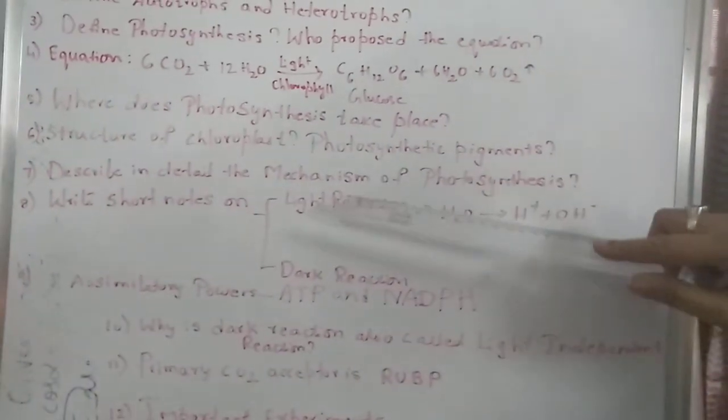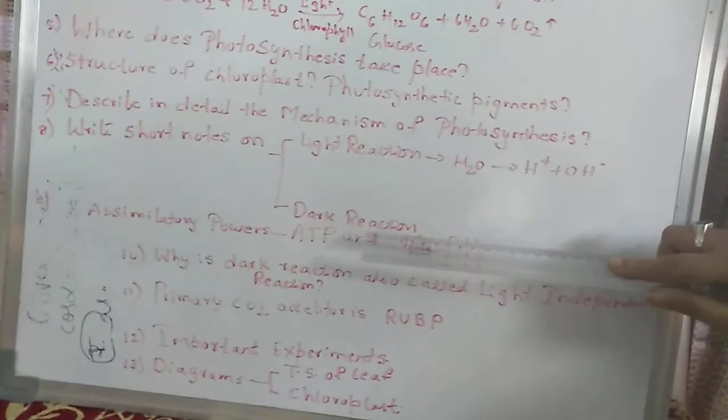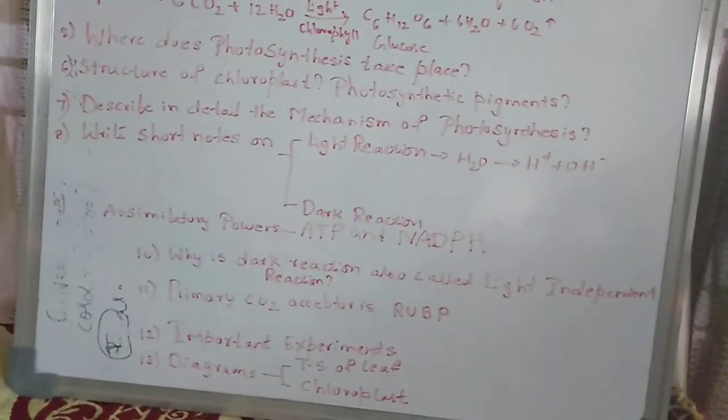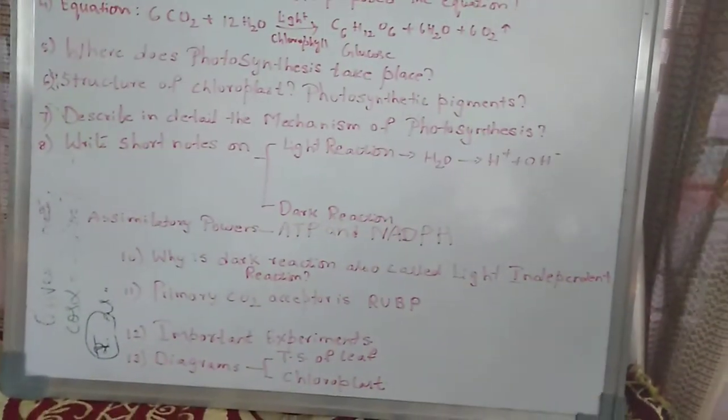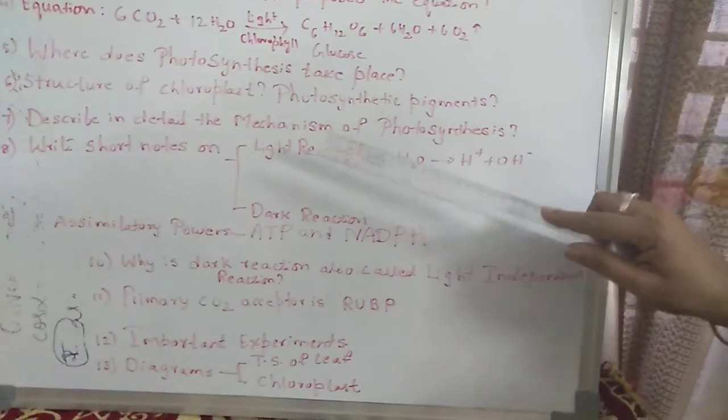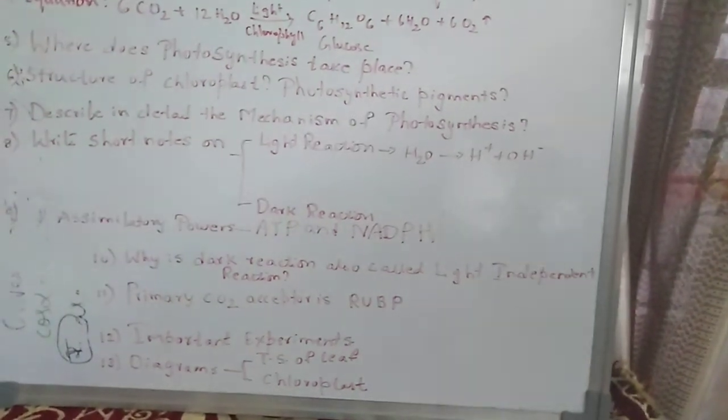Photosynthesis is of two steps. One is the light reaction and the other is the dark reaction. The light reaction is also called the Hill reaction because it takes place in the presence of light.